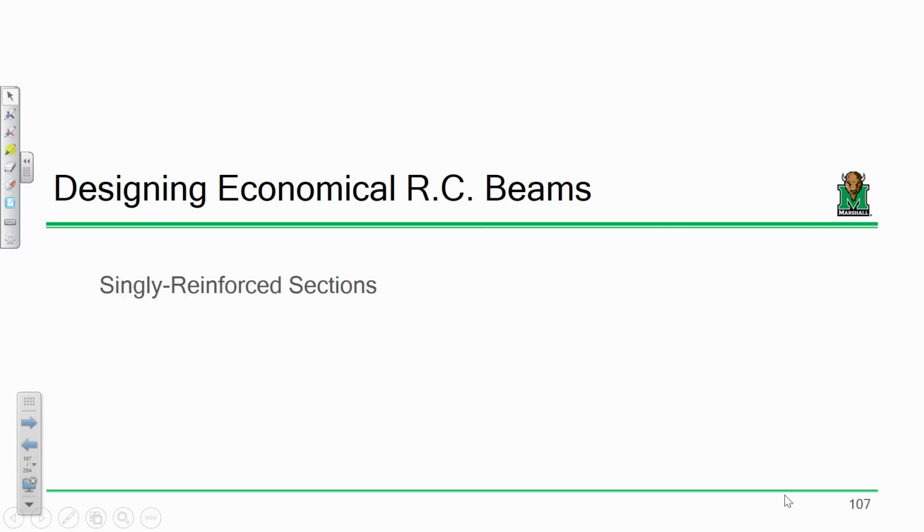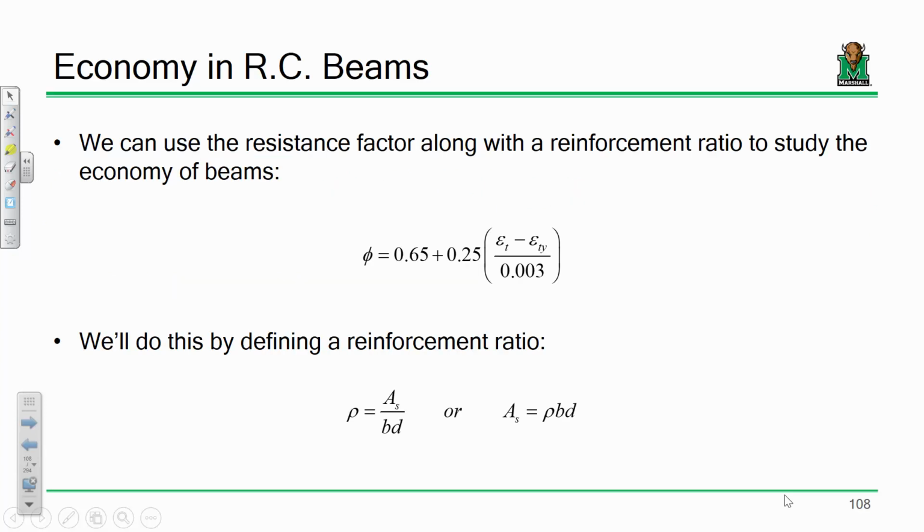But the reason why I'm bringing up rho is because rho is going to become a fundamental parameter that we use in design. The idea is, if I know about how big the beam needs to be, and I know the reinforcement ratio, that can help guide me towards designing and proportioning the cross section.